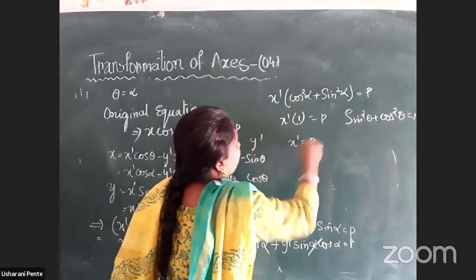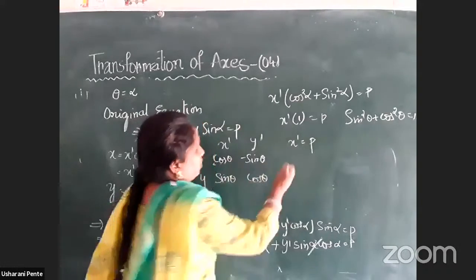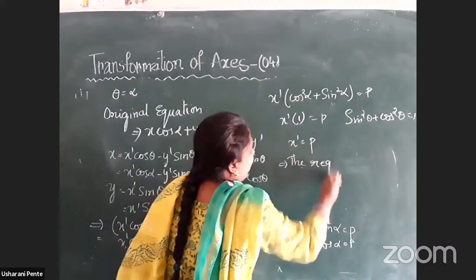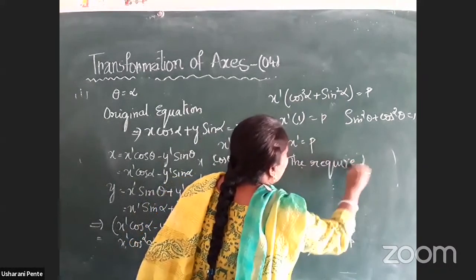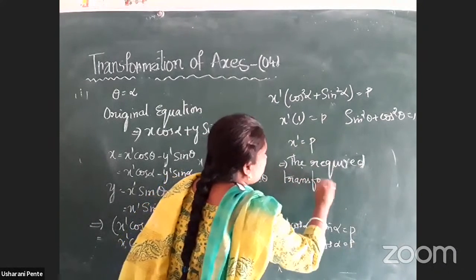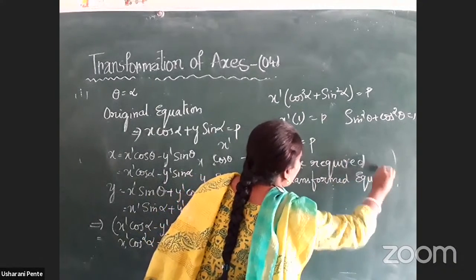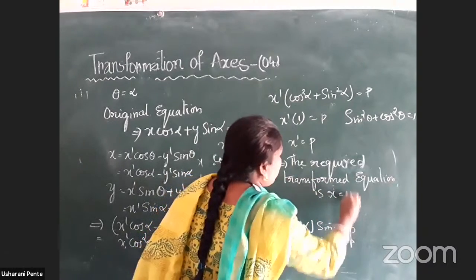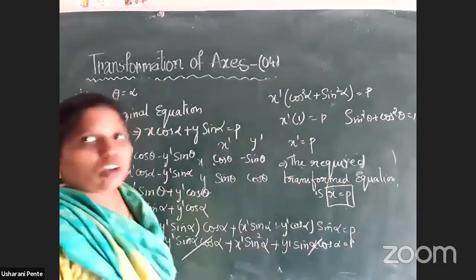Hence the required transformed equation is x dash is equal to p. This is the required transformed equation.